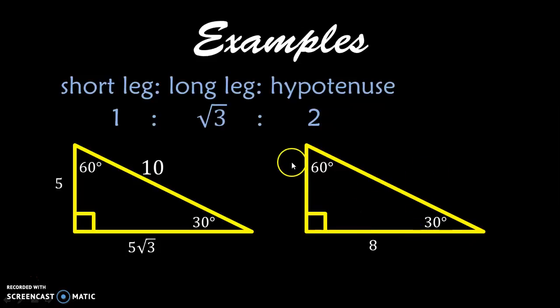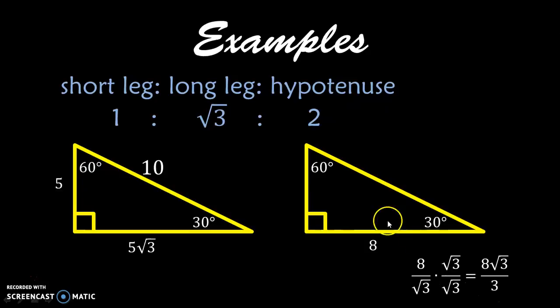Alright, to get the short leg, we just divide this longer leg by square root of 3. So 8 over square root of 3. But we have to rationalize it to remove the radical in the denominator. So we have 8 square root of 3 all over 3, because 3 times 3 is 9 and the square root of 9 is 3.